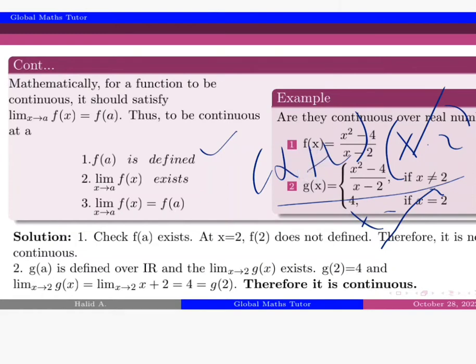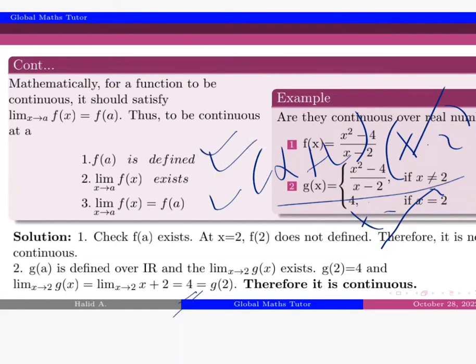Thus the limit of g of x as x approaches 2 is the limit of x plus 2 as x approaches 2. When we substitute 2, it is 2 plus 2, which is 4. So this 4 is the same value as g at 2. Thus the third condition is also fulfilled.